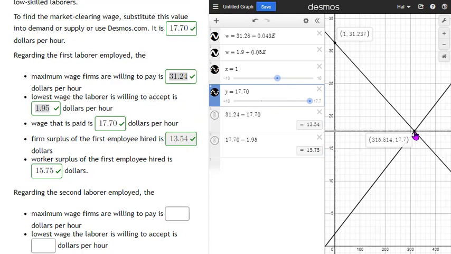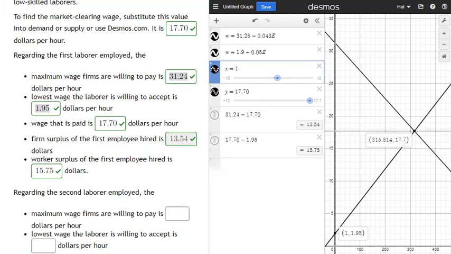The last person to supply their labor is not necessarily the last person the firm wants to hire. The last person to supply their labor is probably the first person the firm wants to hire, right? And then this first person hired down here, with the lowest reservation wage, is the first person to offer their services in this labor market.